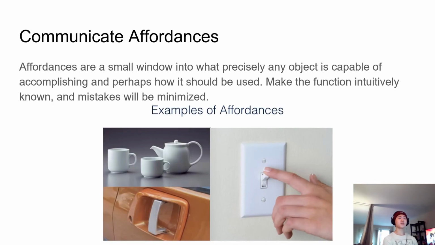So this is another major point that is the host of a lot of mistakes, right? If the affordances of an interface aren't very visible, aren't very transparent and don't convey the proper information, that's where I feel like many mistakes stem.